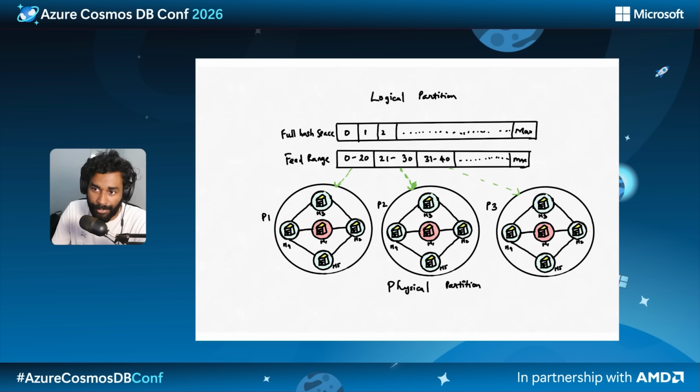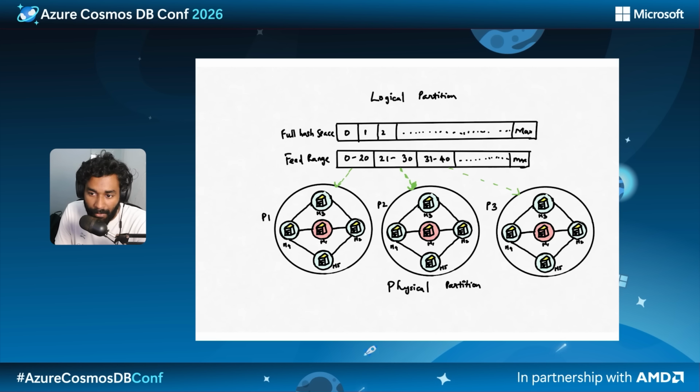Each of these ranges maps to a physical partition. So if a partition key value hashes into the 0 to 20 range, that data will be stored in physical partition P1. If it hashes to 21 to 30, it might go to P2, and so on. And each of these physical partitions is backed by a replica set of machines, which we have seen earlier. So this hashing mechanism is what allows Cosmos DB to automatically distribute data across the cluster.